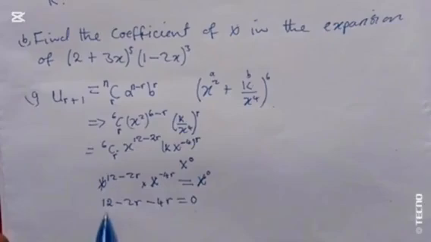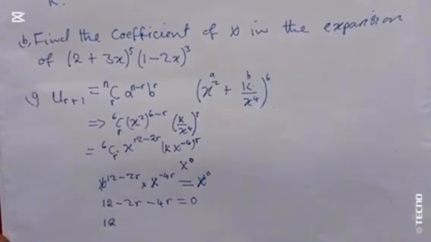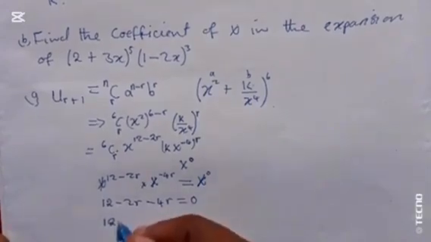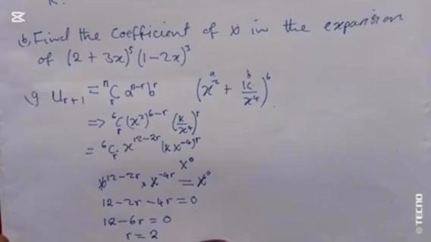This and this will give us 6r. So we say 12 minus 6r is equal to 0. So our r is going to be 2.